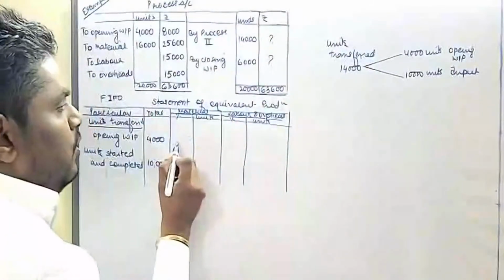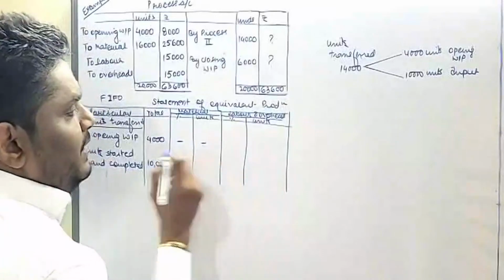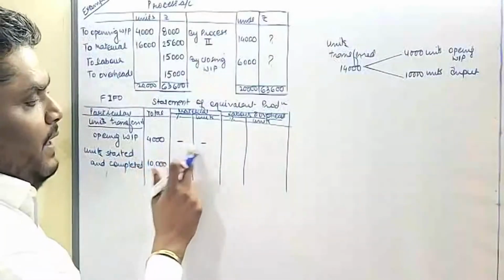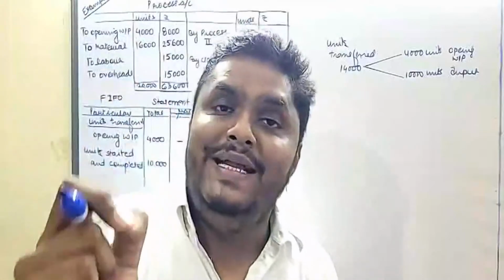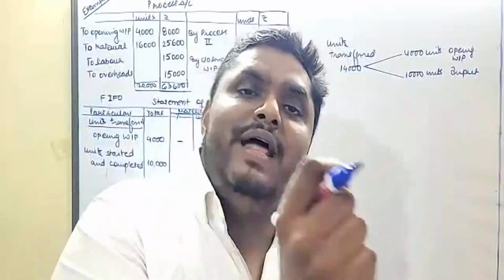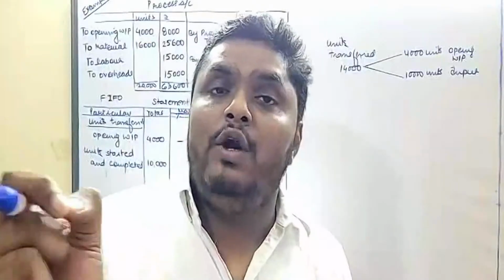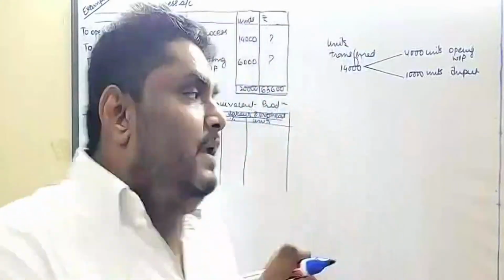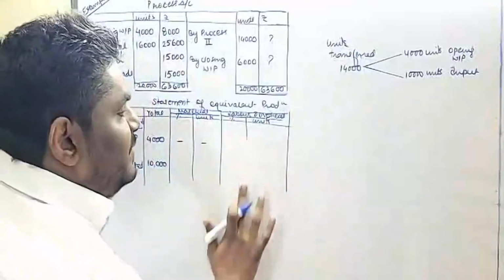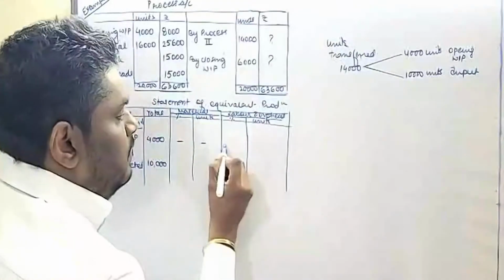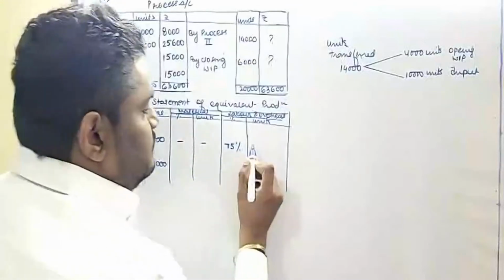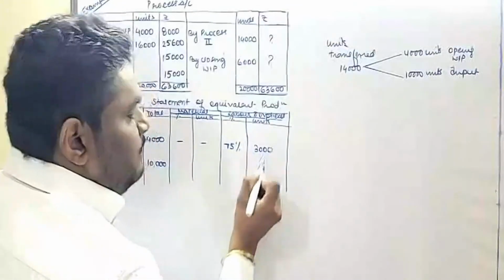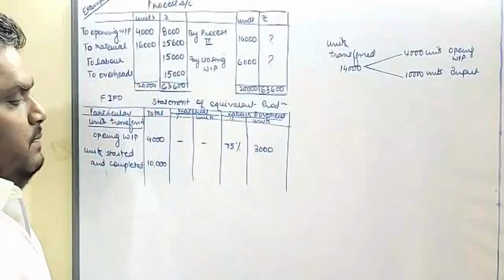So herein, no work will be done on material, so it will be nil. And for labor and overheads, 25% work is already done last month, so the work done in the month of January is only 75%. So this will be 3,000.